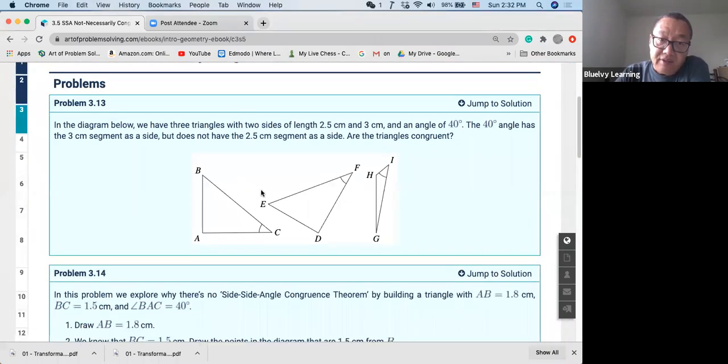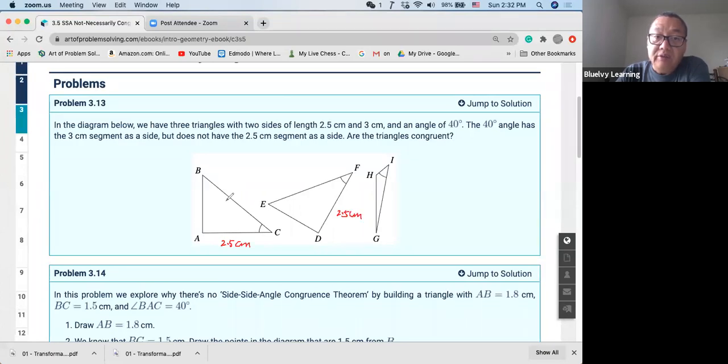Suppose angle C, angle F, and angle I equal 40 degrees. Then AC equals 2.5 centimeter, and DE also equals 2.5 centimeter.